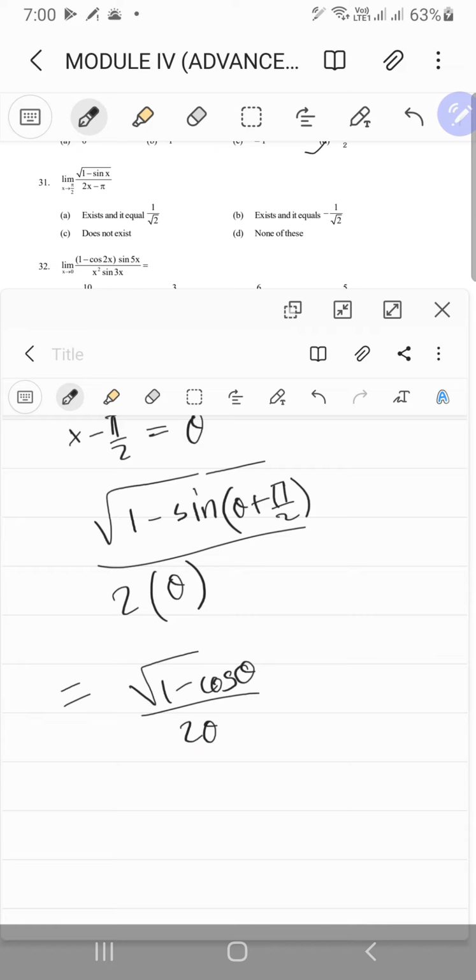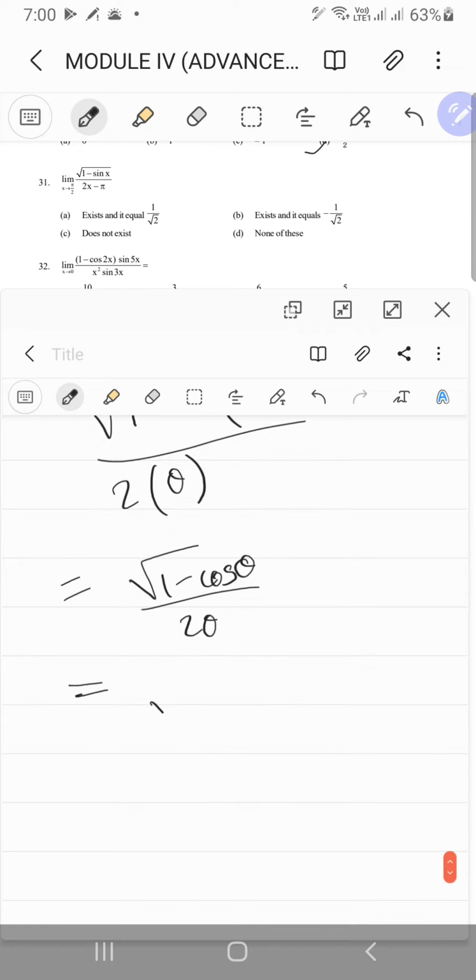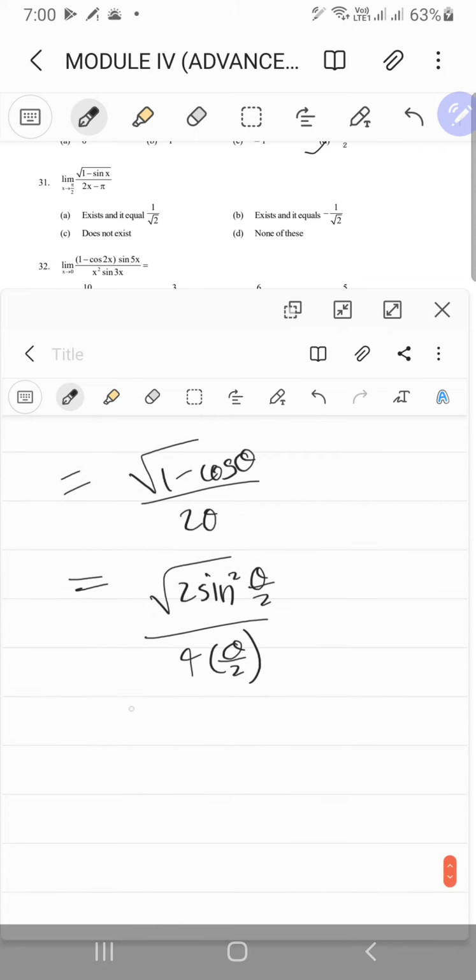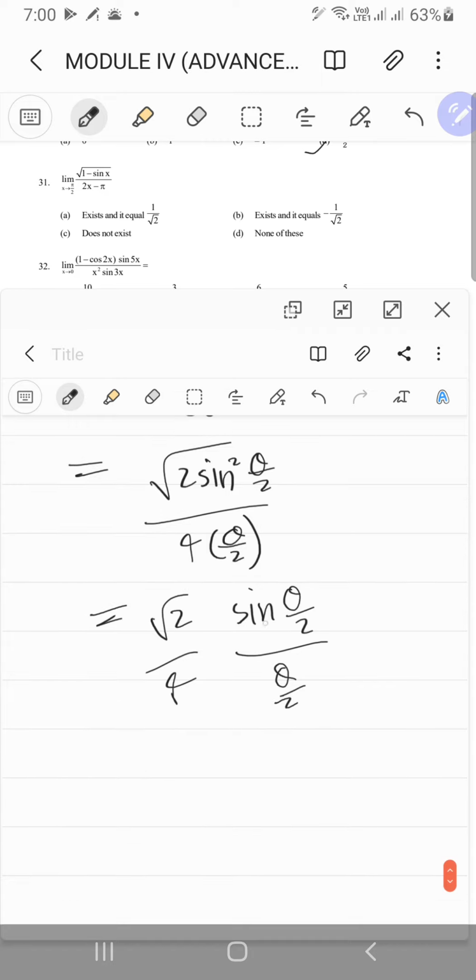Upon 2 theta, so this should be square root of 2 sine squared of theta by 2 upon 4 into theta by 2, which is square root of 2 sine of theta by 2 upon theta by 2, and then this is like 4 over there. This thing just goes to 1. So this is square root of 2 upon 4, which is, well, it should be square root of 2 upon 4, right?